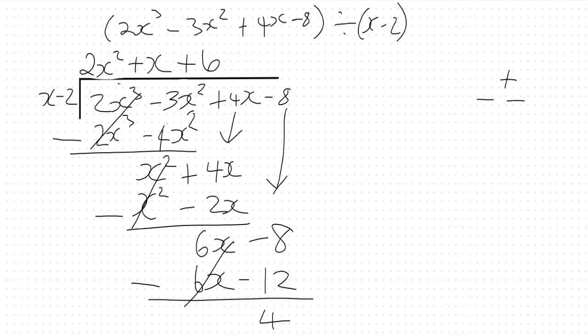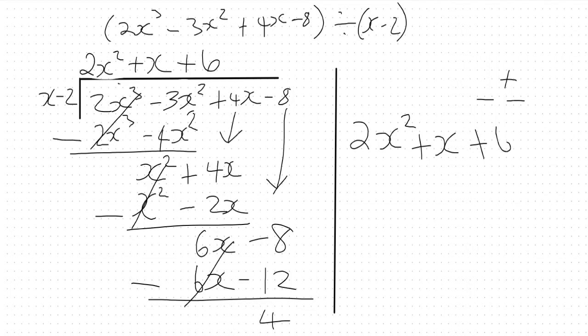So our answer, let me separate the page a little bit. Our answer would be 2x squared plus x plus 6 with a remainder of 4. When we're doing fractions, how do you express your remainder?